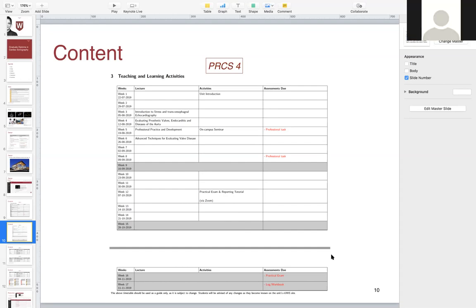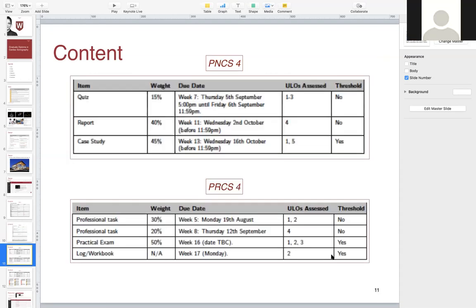I'll confirm them as soon as I can. There's a few more details in terms of the dates that the assessments are due, the assessment items for both principles and practice of cardiac sonography.